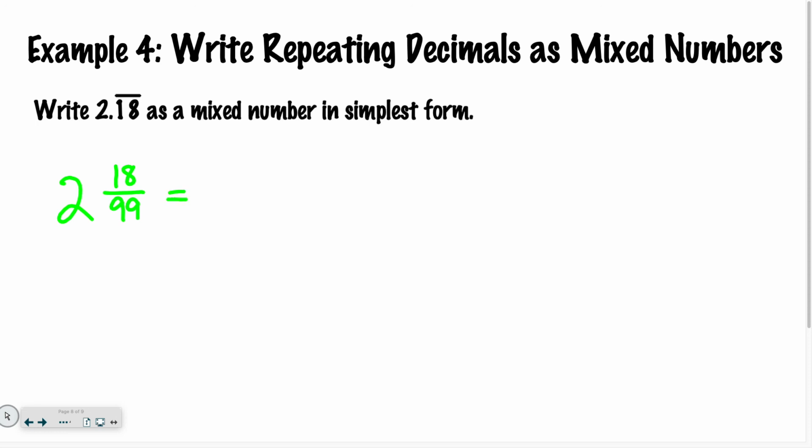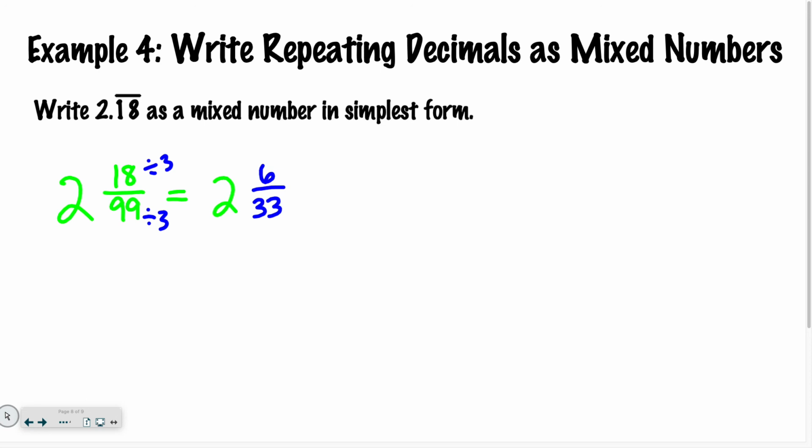And I want to simplify that. So that 2 is going to stay just like it is. But if I look at 18 and 99, I know that 18 at least is divisible by 3. And so if I do 18 divided by 3, I'm left with 6. And if I do 99 divided by 3, I get 33. Okay, so I saw that both of the numbers were divisible by 3, so that's what I did.